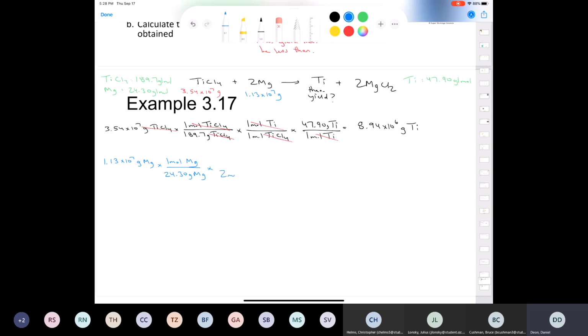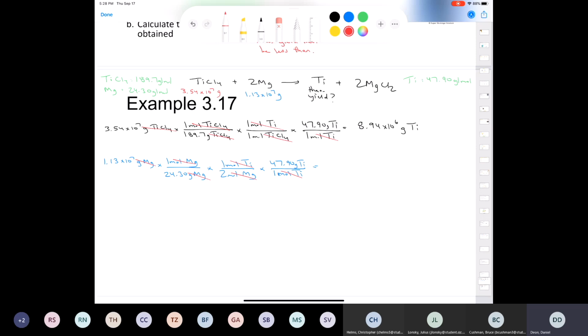So 2 moles of Mg gives me 1 mole of titanium. And my last conversion factor is going to be the same one that I used here, right? For every one mole of titanium, I'm going to end up producing 47.90 grams of titanium. Look, all of my units cancel. Grams of magnesium, moles of magnesium, moles of titanium.